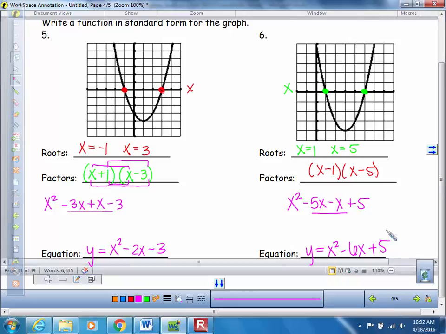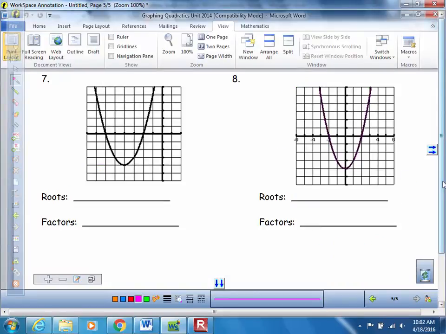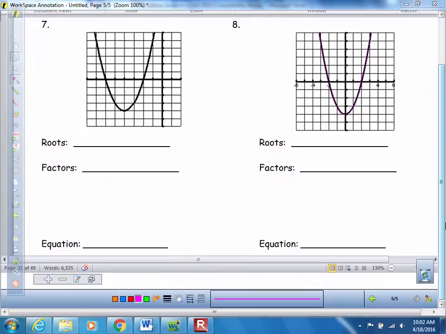Okay, I have one more special case to show you, and then we will be done with our notes for today. So let's look at number 8. Josh, in number 8, what would my x or my root equal here? Negative 2. Okay?